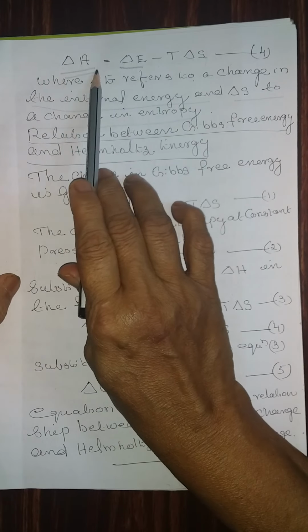Now, we already know that delta A is equal to delta E minus T delta S. This is equation number 4.